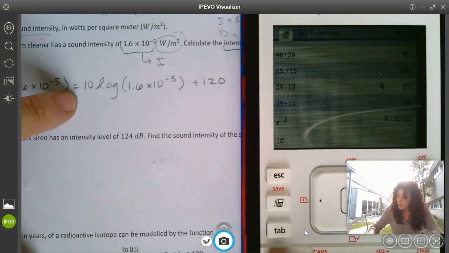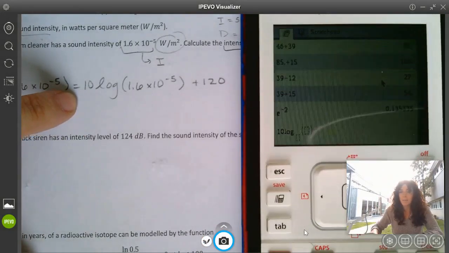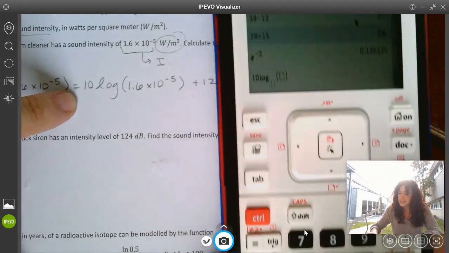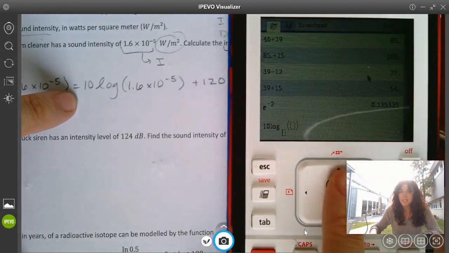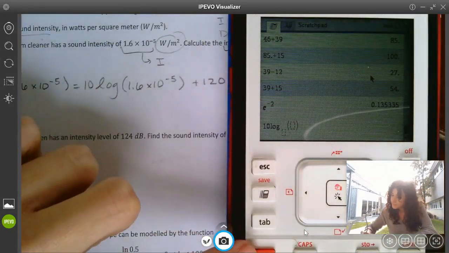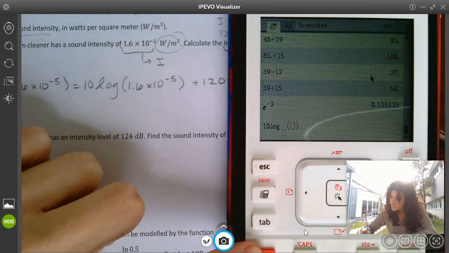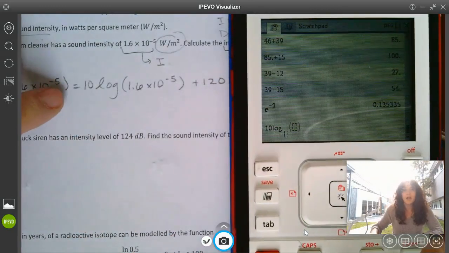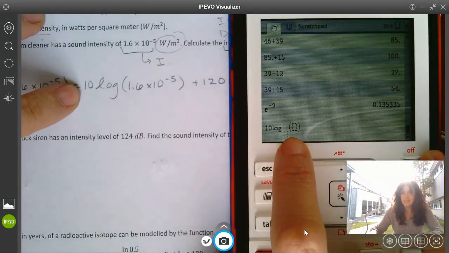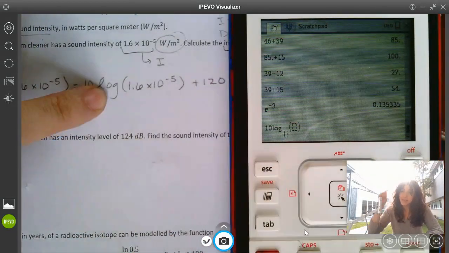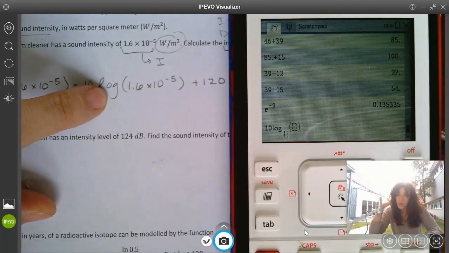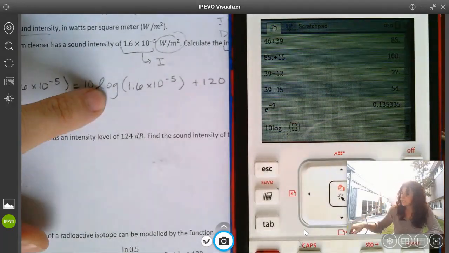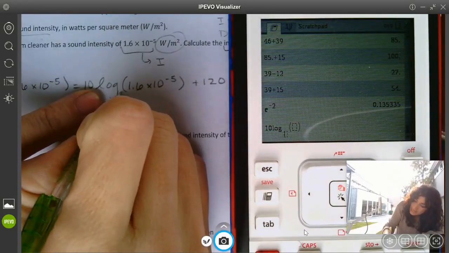10 times, and my logs are above the 10 to the x. So it asks for a base here, but I don't have a base written here. This is where we need to know that if we don't see a base written, it's an invisible 10.